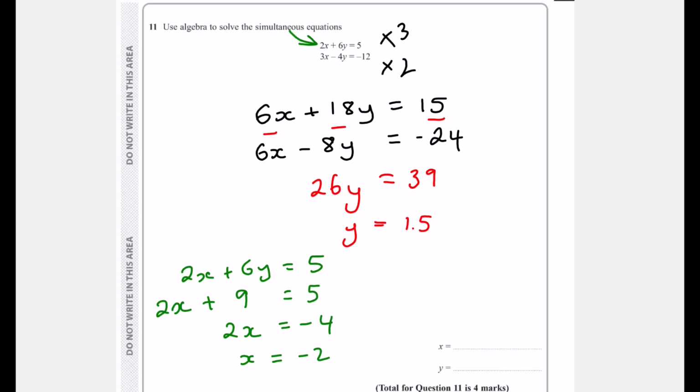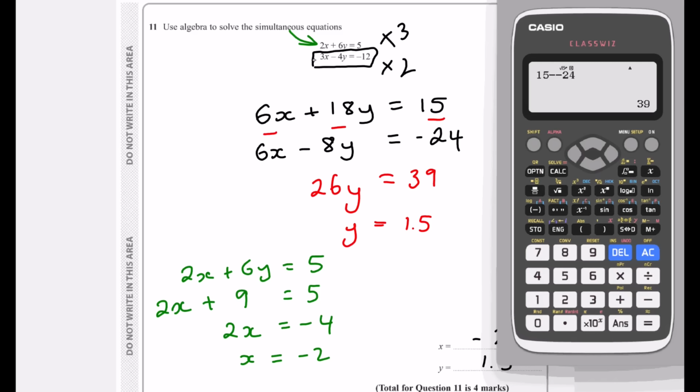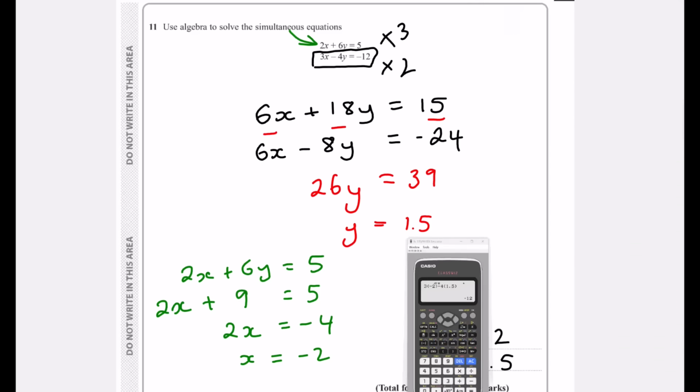So x is -2. And we can always check our answer. So I'll check it on the second one. So 3 times -2, minus 4 times 1.5, should make -12, and it does.